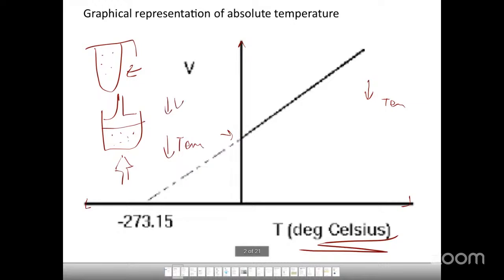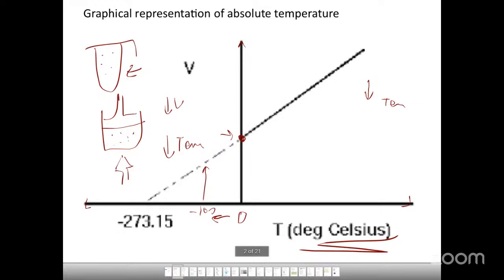But here's what happened. When the temperature was 0 degrees Celsius, the volume reached here. That's okay? But look at what happened as they continued to drop the temperature. They got up to a temperature, let's say -100. They're still getting a volume reading.